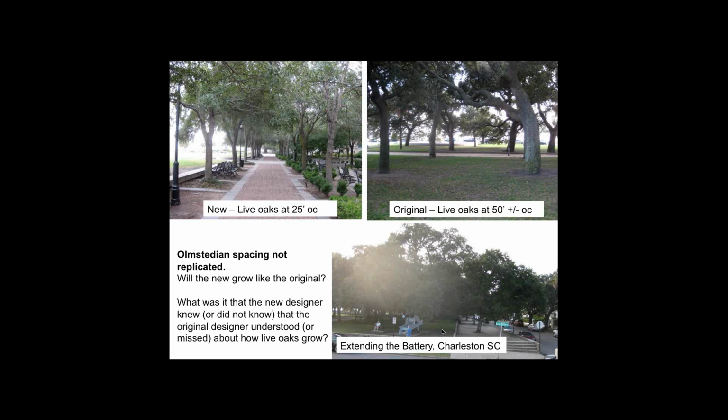So when we don't replicate the Olmstedian spacing, is there something that we know that Olmsted did not, or is there something that Olmsted knew that we are choosing to miss? On the right, you see the original battery in Charleston, South Carolina.